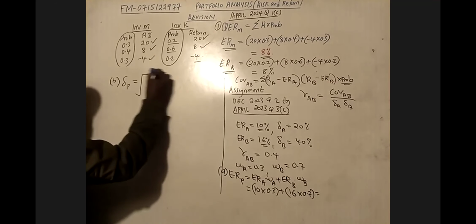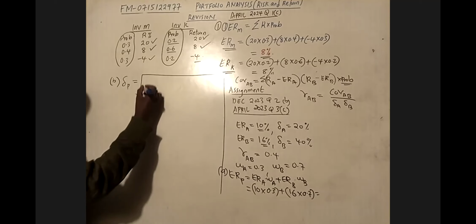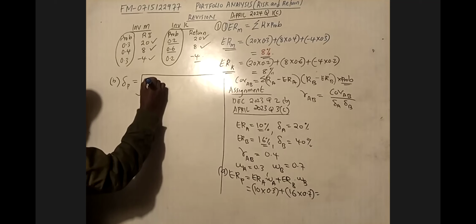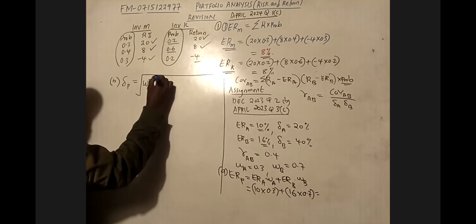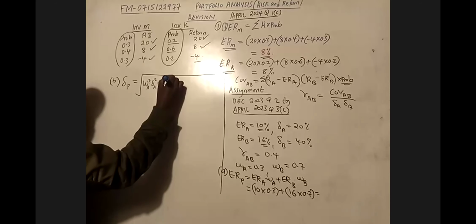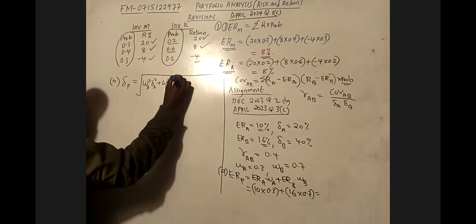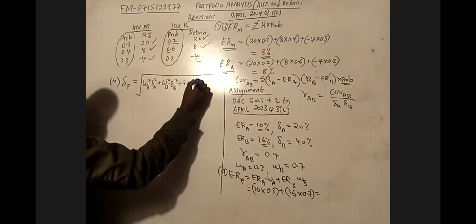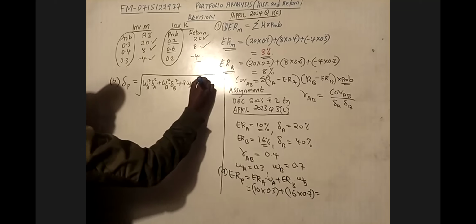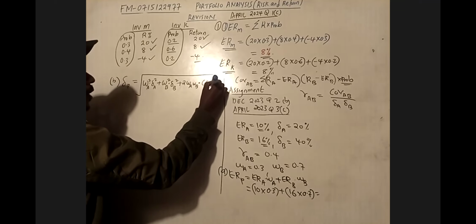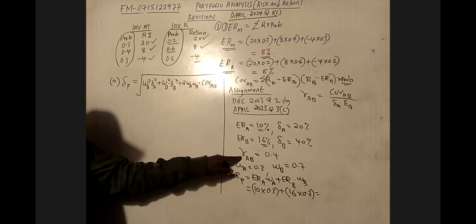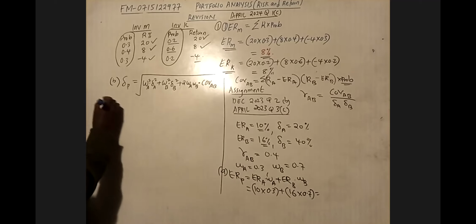The formula is: the square root of weight of A squared times standard deviation of A squared, plus weight of B squared times standard deviation of B squared, plus 2 times weight of A, weight of B, times covariance of A and B. But in this case we cannot use that formula directly because we have already been given the correlation coefficient, so we change the formula again.